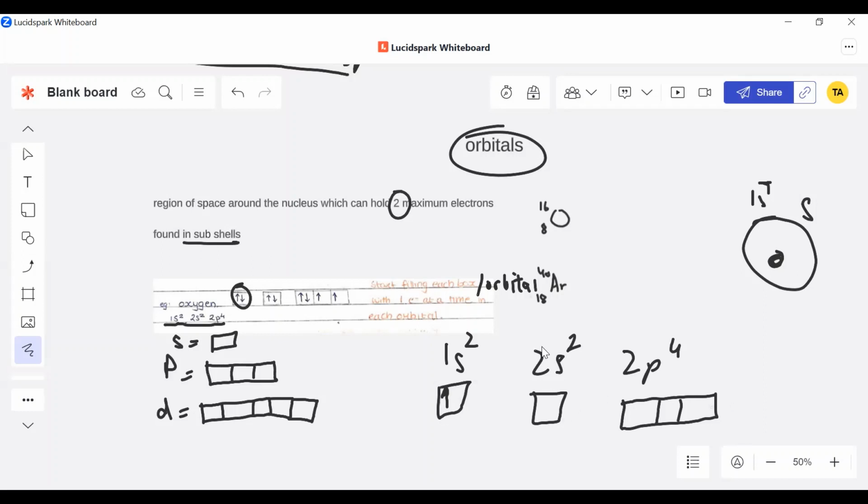When all of the orbitals have one electron, then we move on to filling the half-filled orbitals. What do I mean? Well, I have 8 electrons in oxygen, right? So this is 1 electron. Now I won't make an arrow in the same orbital. I'll move on to the next orbital. So this is the second electron. This is the third electron. This is the fourth electron and the fifth electron.